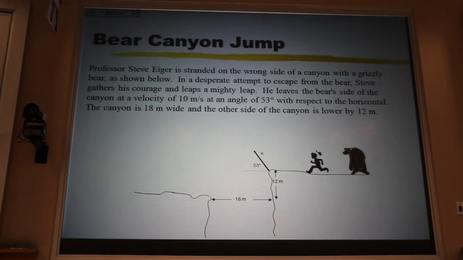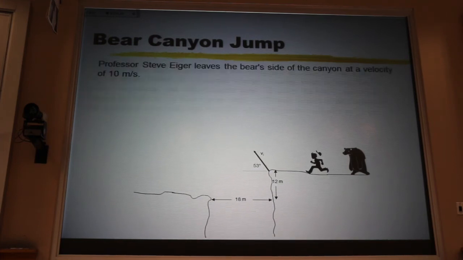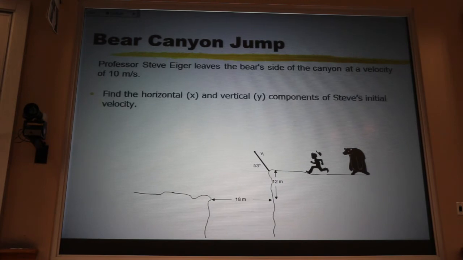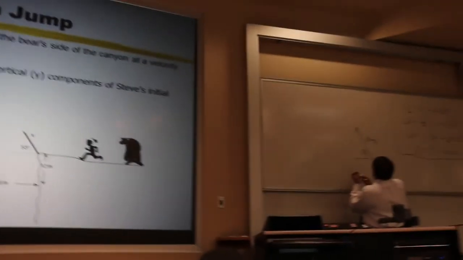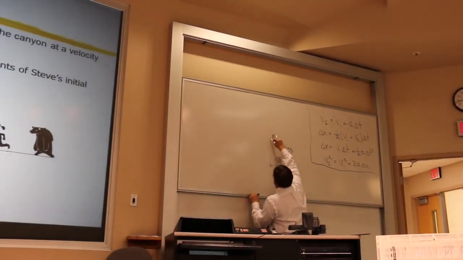Now, we're first asked to break up that velocity vector into its x part and its y part. The x part would be to the left, and the y part would be up.